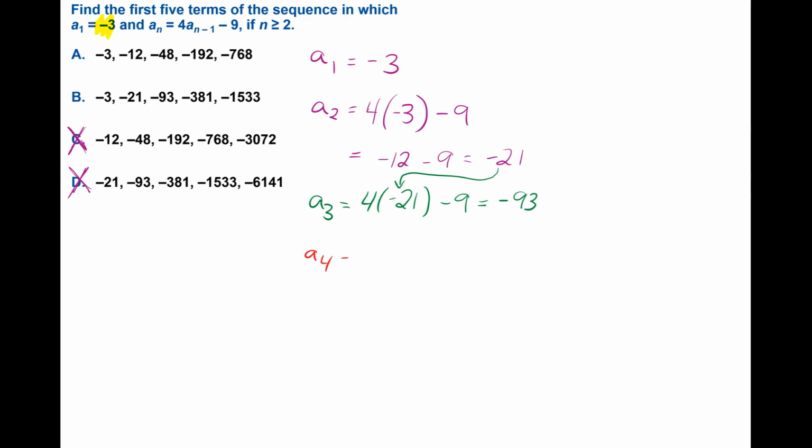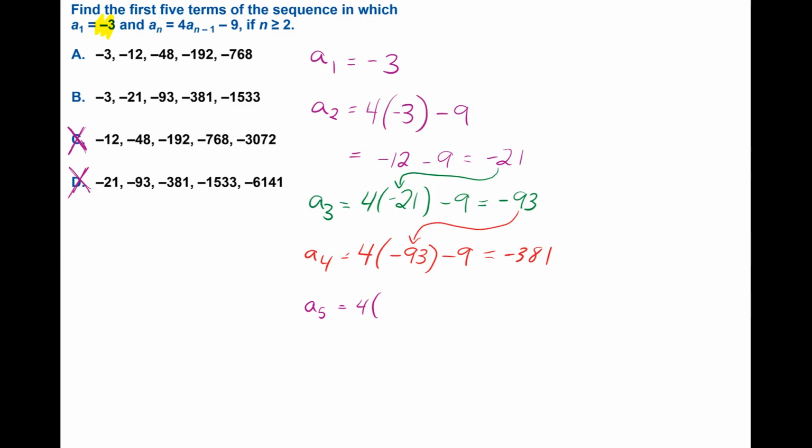A sub 4, let's keep going just for practice. 4 times the term before it, which is negative 93, minus 9. And 4 times negative 93 is negative 372. Minus 9 is negative 381. And once you get a flow of it, recursive sequences are sort of fun to keep going with.